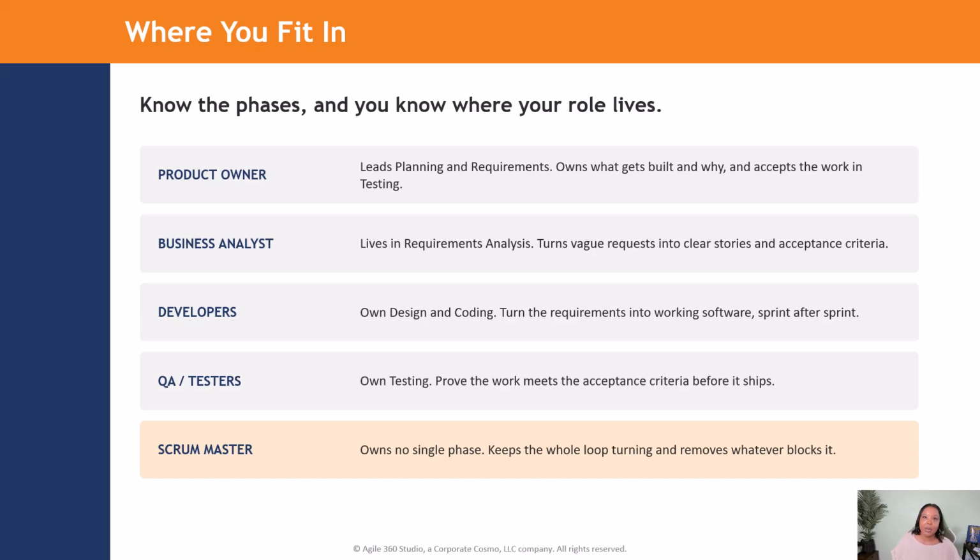And we have the Scrum Master. The Scrum Master owns no single phase, and that's the point. But their job is to keep the entire loop turning and clearing whatever blocks it, which means that a Scrum Master has to have product delivery literacy and knowledge.